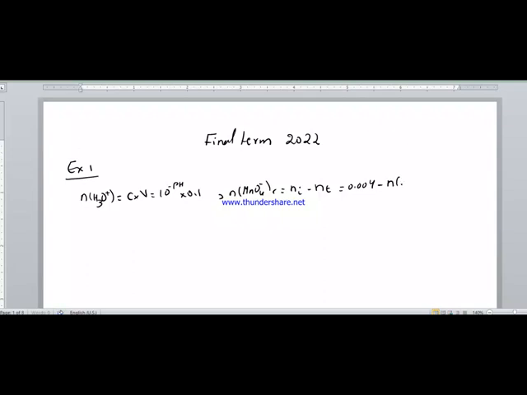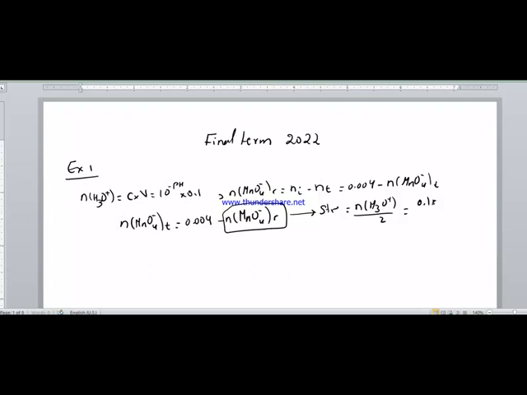0.004 minus the number of mole of permanganate ion at any time T. So the number of mole of permanganate ion at any time T is equal to 0.004 minus the number of mole of permanganate ion that react, and this, by using the stoichiometric ratio, is equal to N of H3O plus over 2, which is equal to 0.1 times 10 to power minus pH over 2.